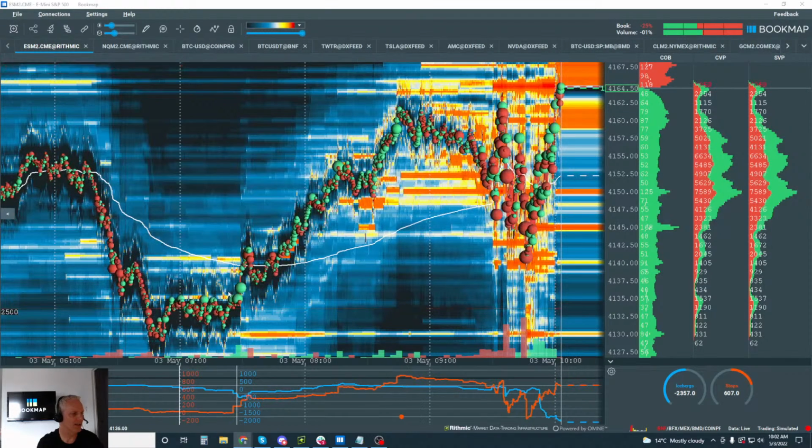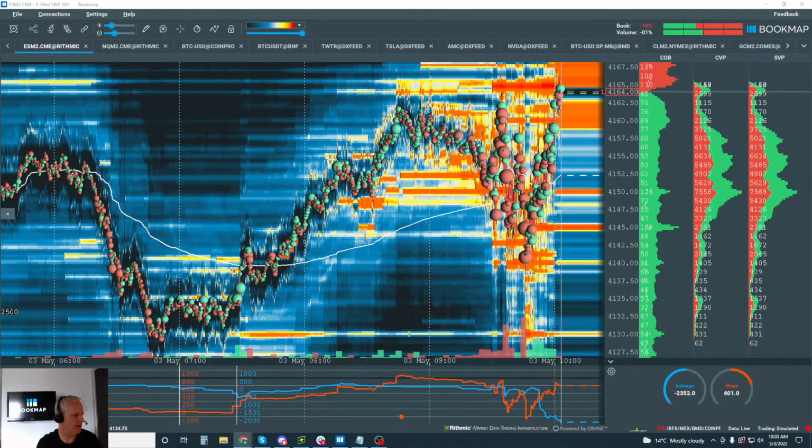It's pretty topsy-turvy, as you can see. Move down in the overnight. We see some demand down in these areas. They are pulling away from the market, though, this liquidity down here before 7 a.m. And then it looks like we found some buyers in here just after around 7:30 or so.